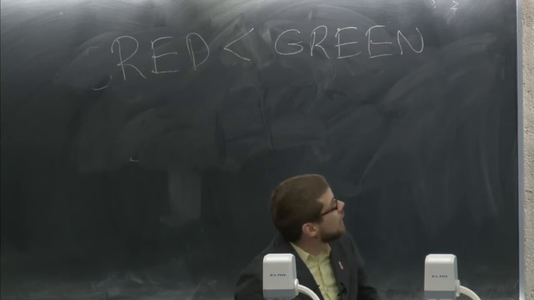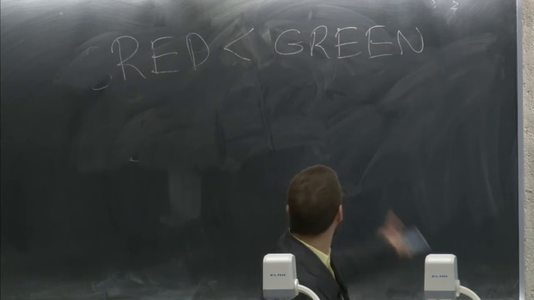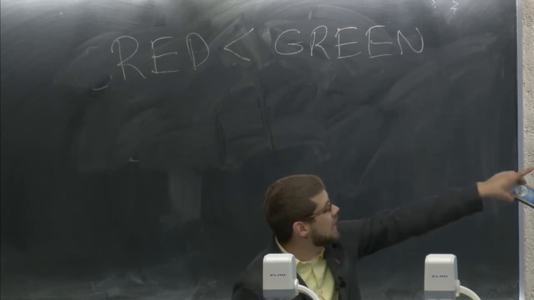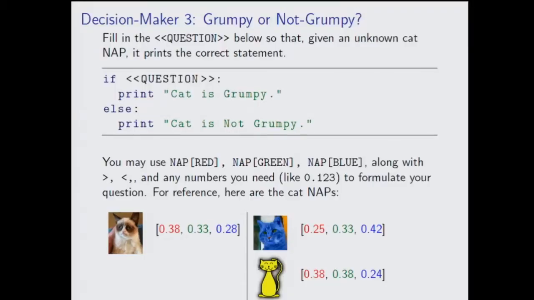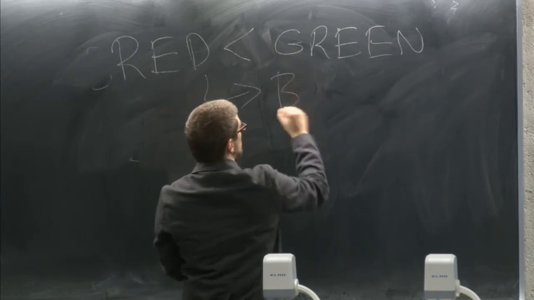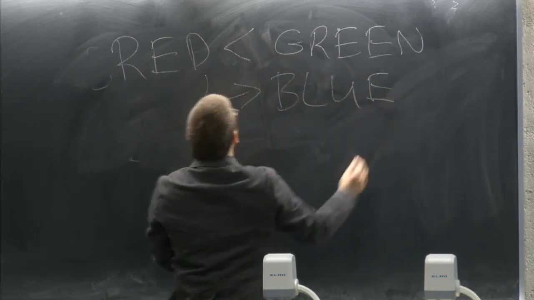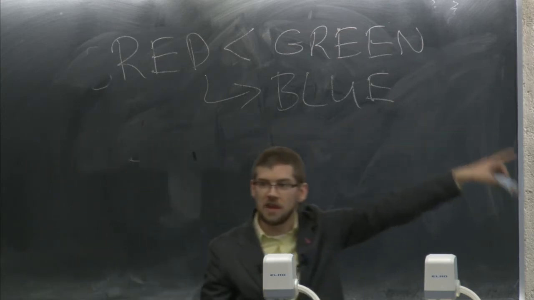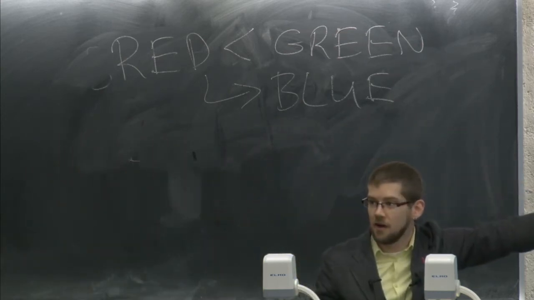Okay. Other way around. So if red is greater than green, on the other hand, we come down and we get asked for question 2. So red is less than green identifies which cat? The blue cat, right? So when this is answered in the affirmative, we know it's the blue cat and we know he's not grumpy. If this is false, then we have to distinguish between the grumpy cat and the yellow cat, right?